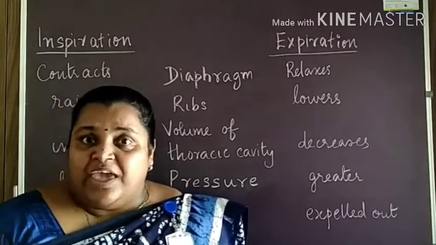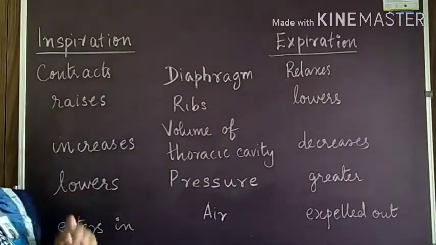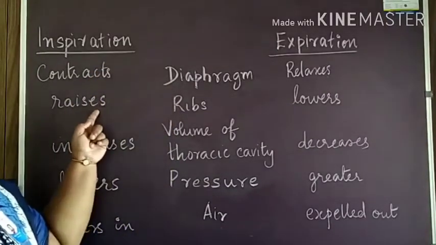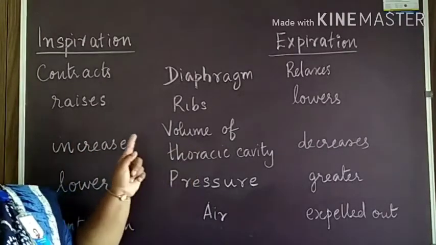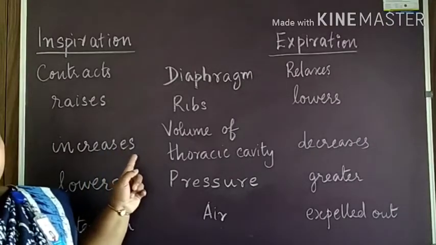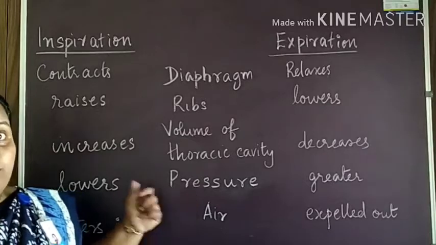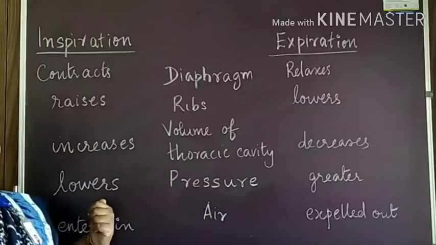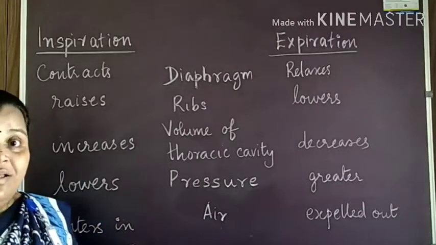I repeat once again, during inspiration, the diaphragm contracts, so the ribs rise up, and the volume inside the thoracic cavity increases. You have already learnt in physics, when volume increases, what happens to pressure? Pressure decreases or lowers. So what will happen? Air moves into the lungs.